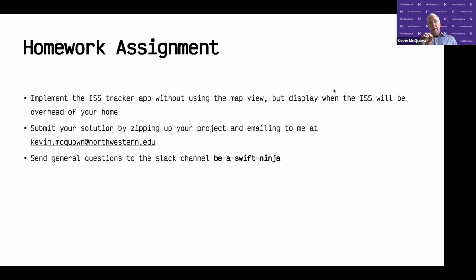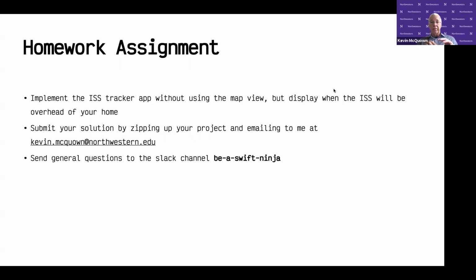And so the thing to think about here is, well, how am I going to do that? How will I know that? Well, probably that API that Kevin pointed us to also has a different URL call that will give us that exact information.